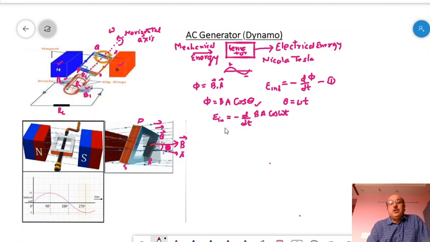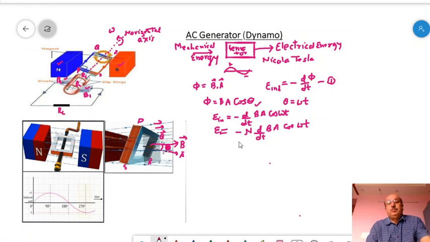If there are n turns on the coil, then the induced EMF E is equal to minus n d by dt of BA cos omega t, right?